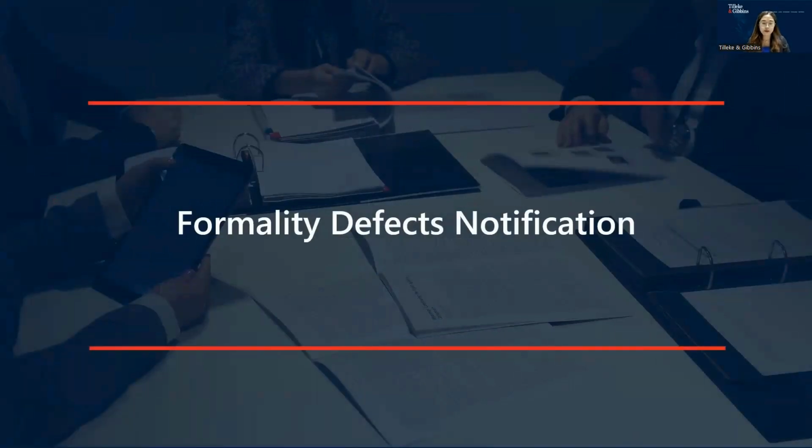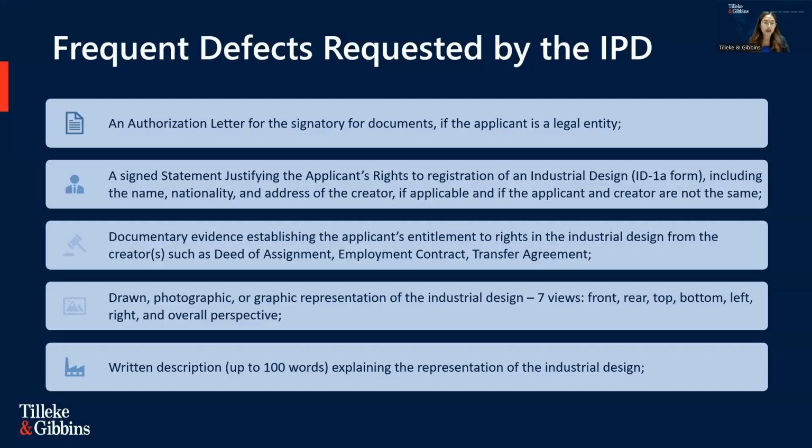Now we will move to the formality defects notification, which is issued by the IPD. We list some frequent defects requested by the IPD. This is not the overall process, or a full process for office actions. We list them based on our practice.